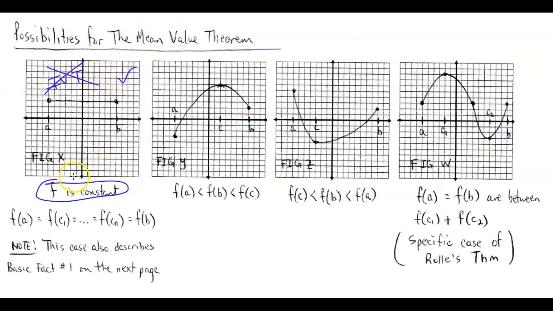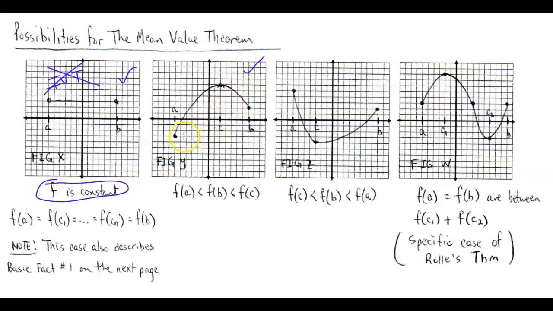We can now say that if I have a constant function here, then the slope of the tangent lines that go through all those points will be the same as the slope of the tangent line that goes in between a and b. And of course, all that's 0, so it makes sense.